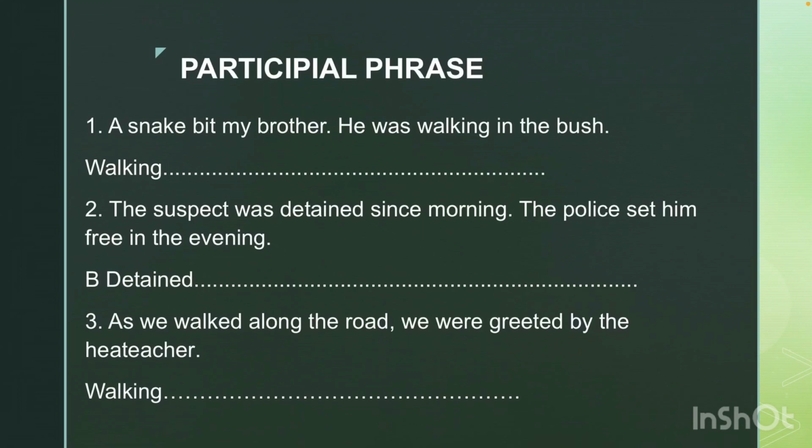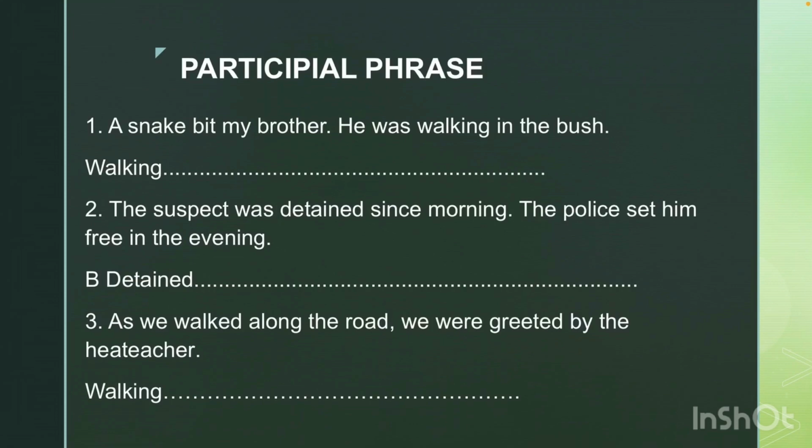Now, you have started with the verb. So immediately after the comma, put the subject. Who was walking? The subject means what was performing the action, the verb that you have started with. Who was walking in the bush? It's the brother.